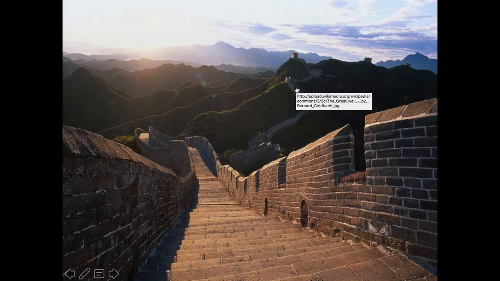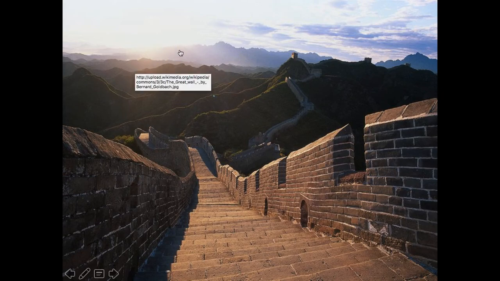So imagine here, it's a symbolic division between the Middle Kingdom and the barbarian world. To the south of the Great Wall is the Middle Kingdom, the civilized world, and to the north, the uncivilized world, the barbarian world, the land of the pastoralists, if we're talking about northern China, where this Great Wall is.